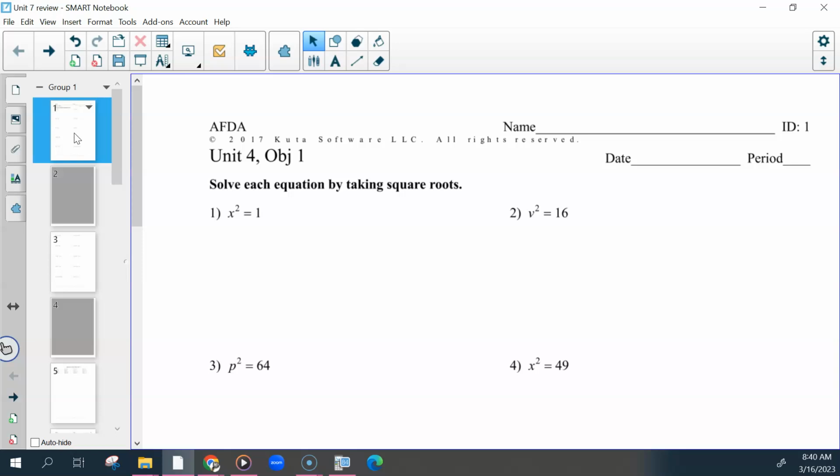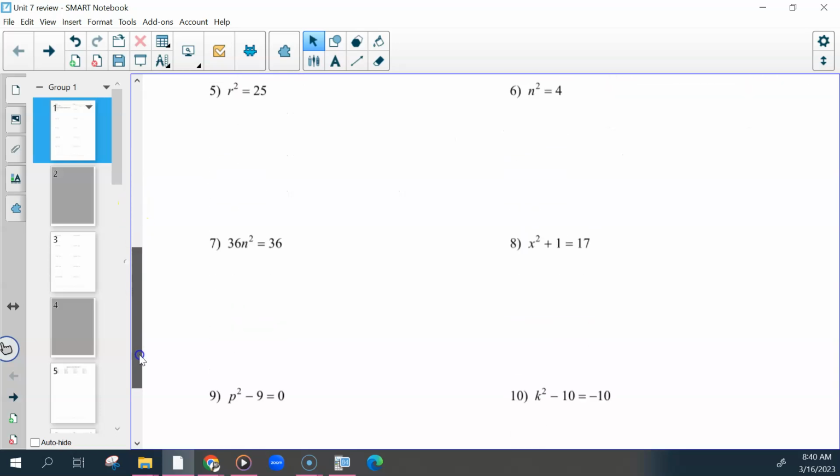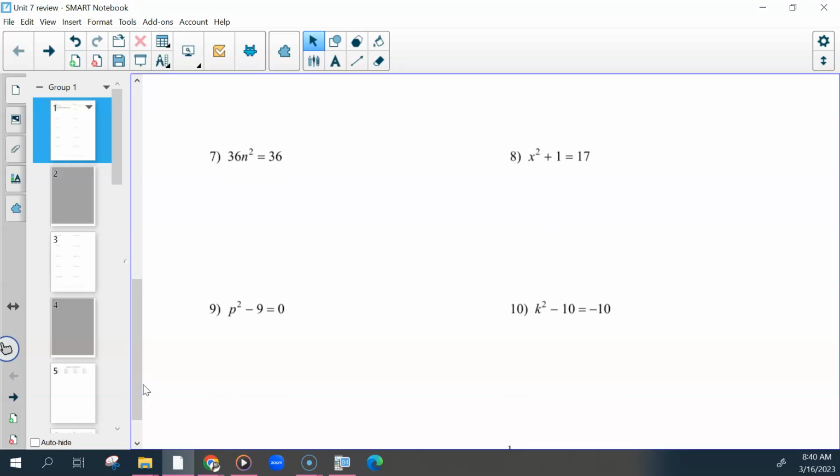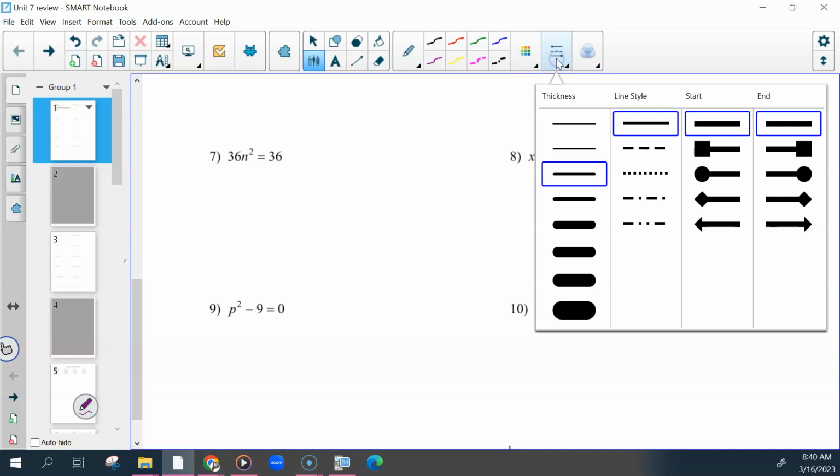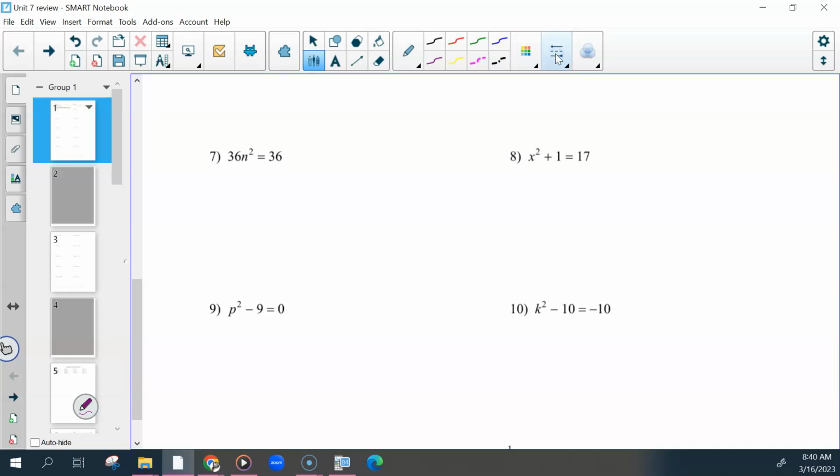Okay, so number 7 on this. When we are solving by square roots, we're trying to isolate the variable. So get rid of anything that's attached by dividing.